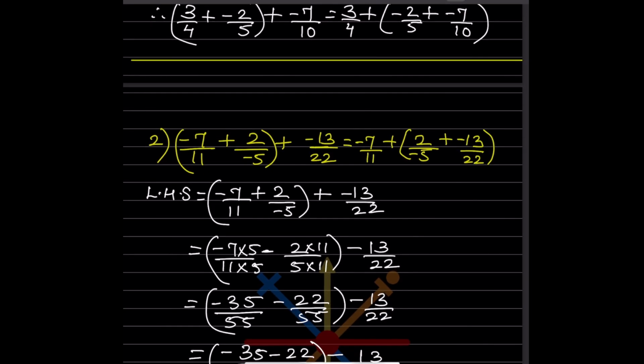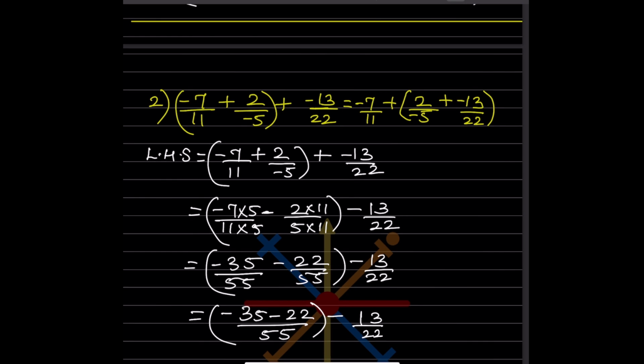So now again here the same, you can just have a look at it because the method is the same. First look at the denominators. LCM is 55. So now you can do one thing, this minus you can write it over here, so plus minus is minus.